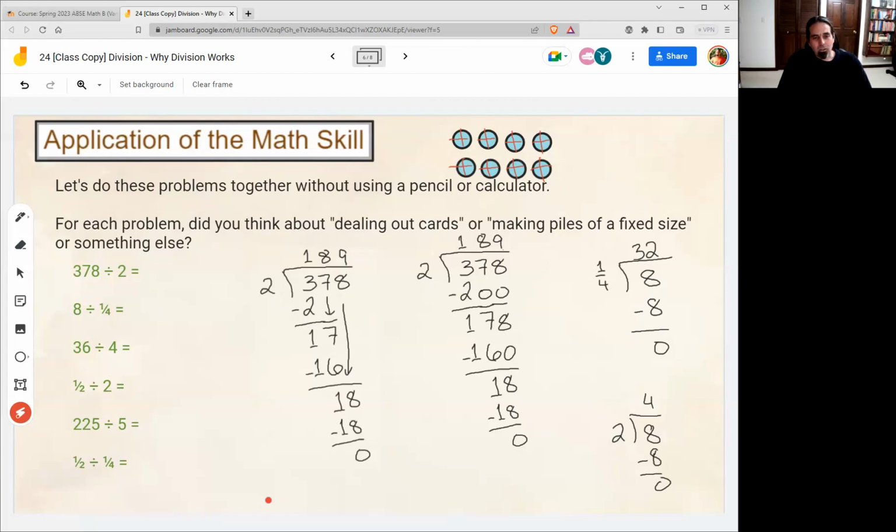We also did a contrast. If I want to say how many times does 2 go into 8, I could write that as long division, but the long division doesn't really help. I know the answer is 4. 2 times 4 is 8, and there's nothing left. So this is more just about recording the answer than I'm actually using long division to get the answer. And that's because what long division does is think about place value for you.